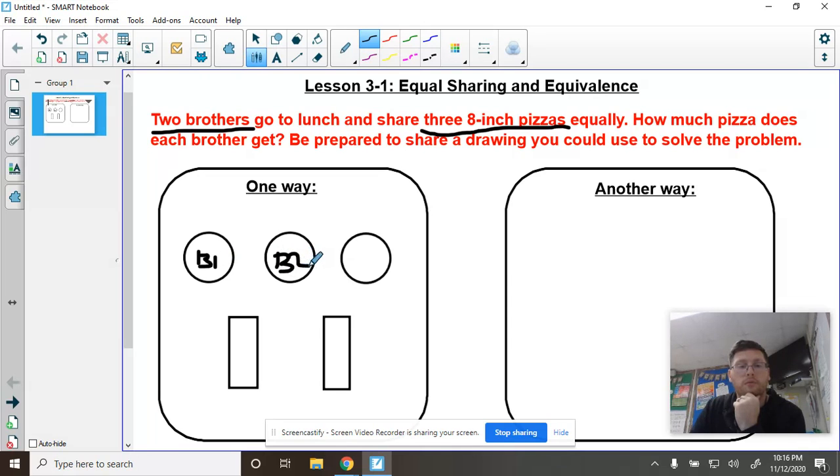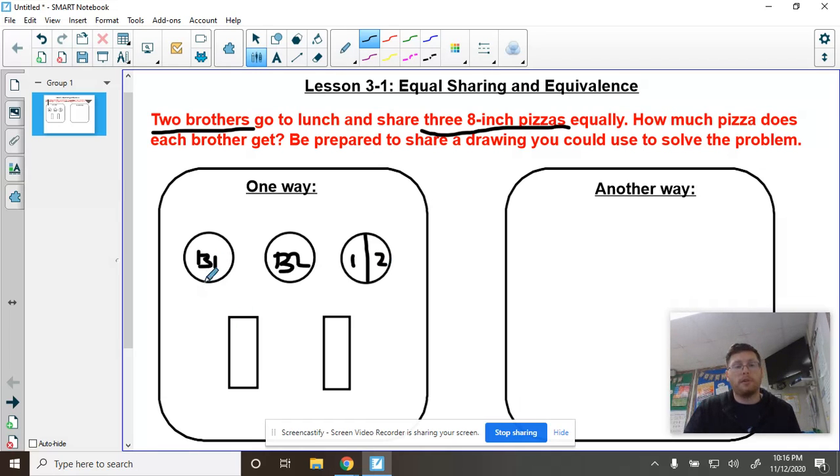Now this last pizza, we have to try to equally share between the two brothers. So what do you think we would do? Well, in this case, we're going to split that pizza right down the middle. This is going to be for brother one, and this is going to be for brother two. So how many pizzas did each brother get?